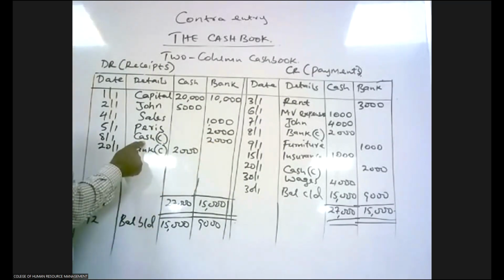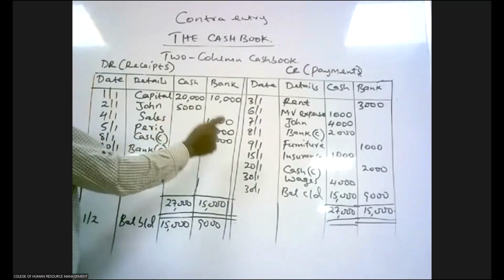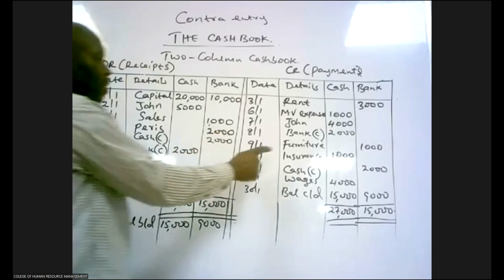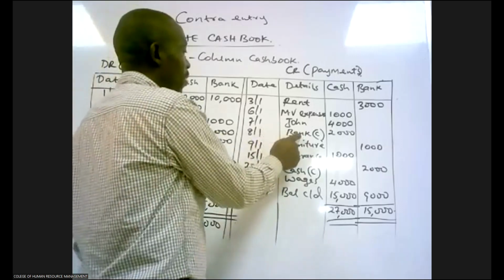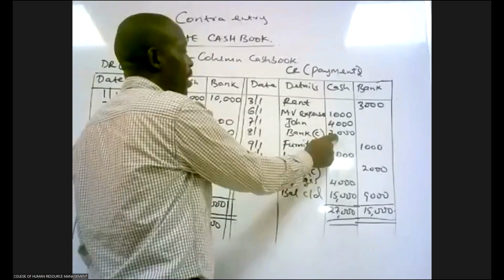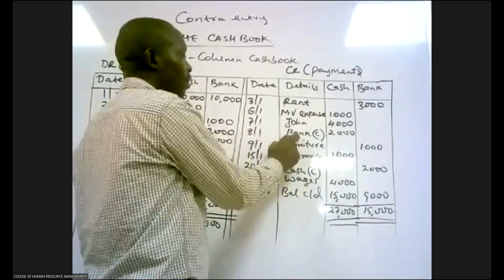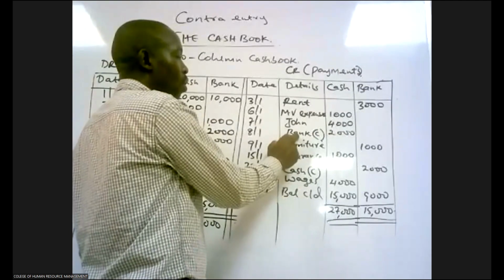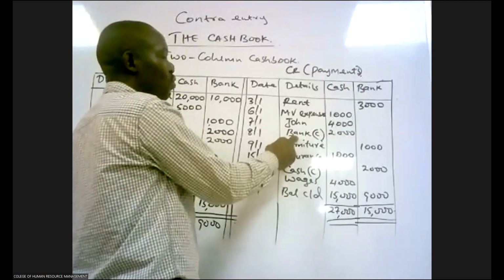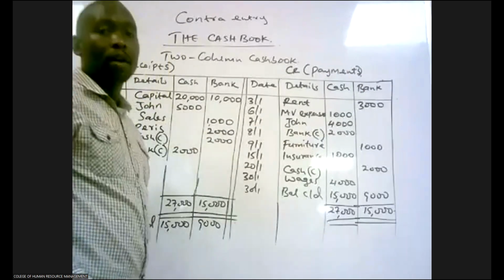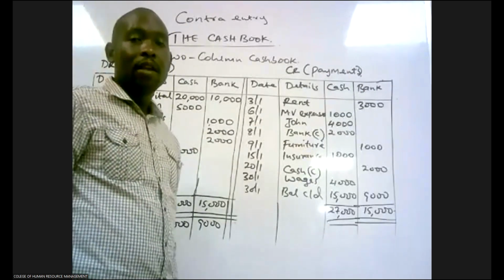And here you write where it is coming from, cash to bank. And on the same page you can see it is a payment in the cash, because it is the cash that is reducing. Then we write here what we are paying or where it is heading to. It's heading to bank. I hope it is clear.